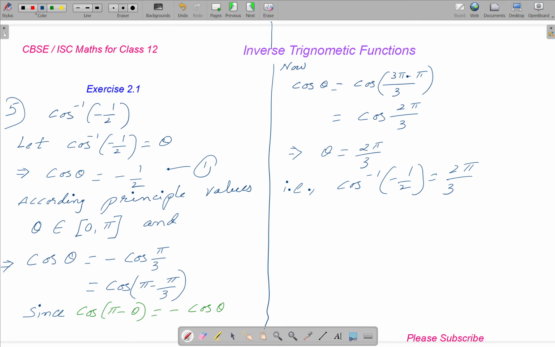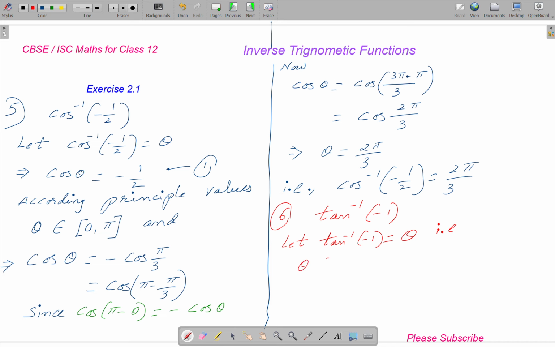Question number 6: tan inverse minus 1. Let tan inverse minus 1 be equal to theta.